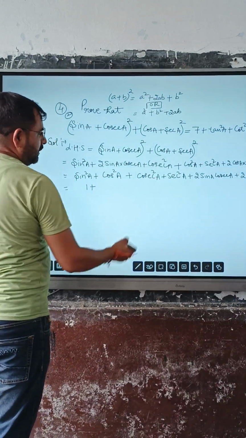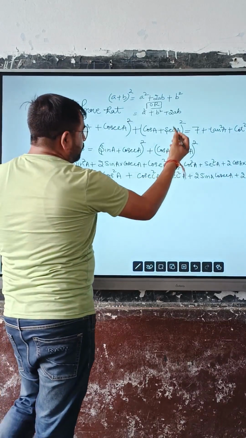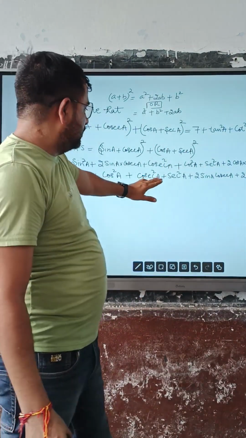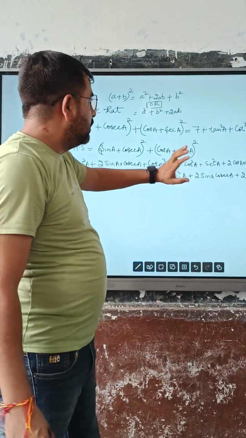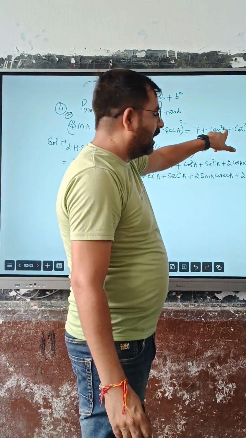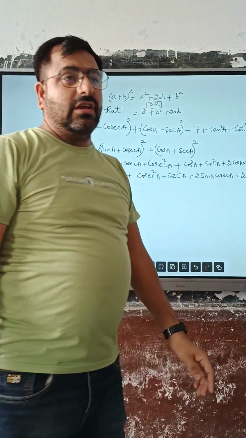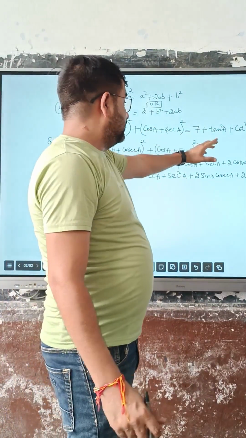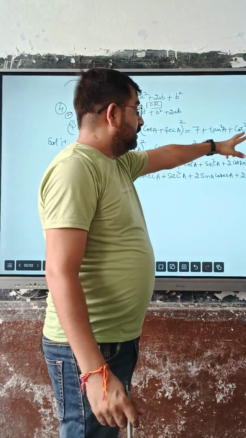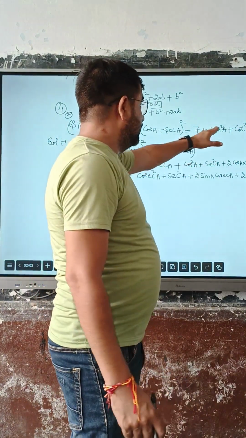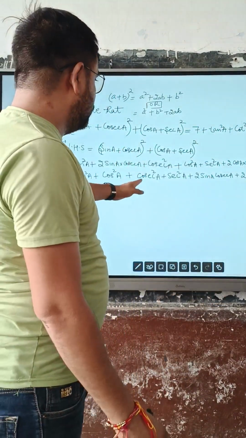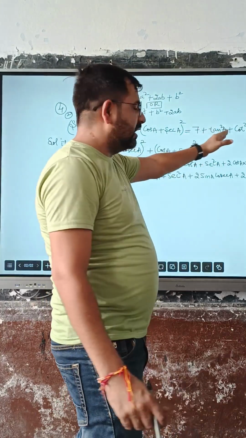Again cosecant: in our expression we have cosecant square and secant square, but we have to prove the answer in tan square and cot square. So we write the relation of cosecant with cot and secant with tan, because we have a relation between cosecant and cot, and secant and tan.